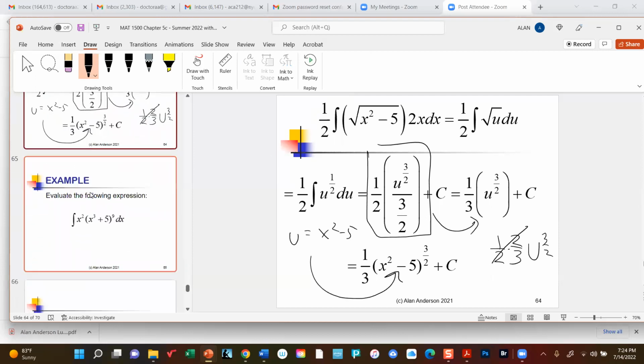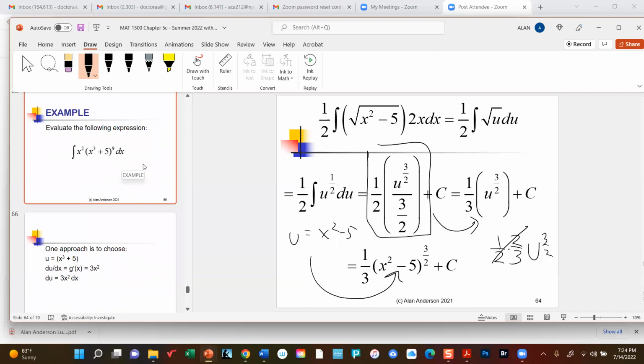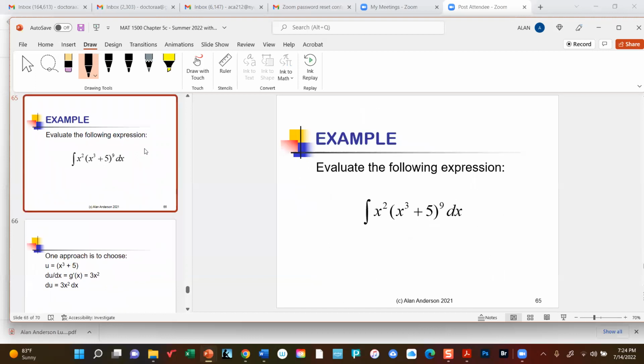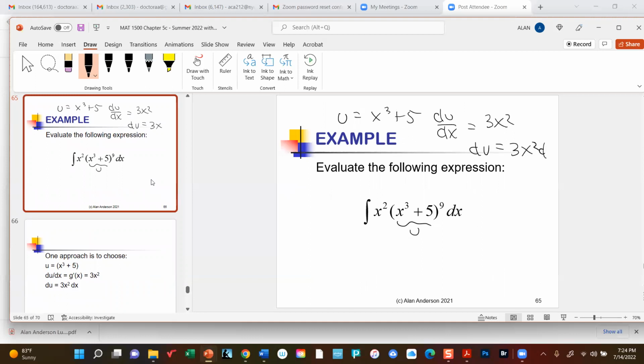Wow, that was impressive. Now let's take a look at this one. Now, of course, right off the bat, your instinct is to say, well, based on what I've seen, let's try u here. Which means that du dx must be 3x squared. du is 3x squared dx.